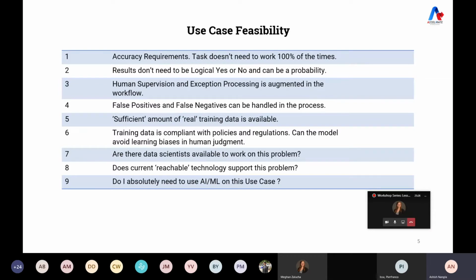The other thing is, AI and machine learning: is this absolutely a good use case for it? If there is a straightforward rules engine type approach or fuzzy logic type approach that could be possible, that may be better. I have seen people trying to use AI and machine learning as a shortcut for not having to write the actual specifications and documentation around what needs to happen.